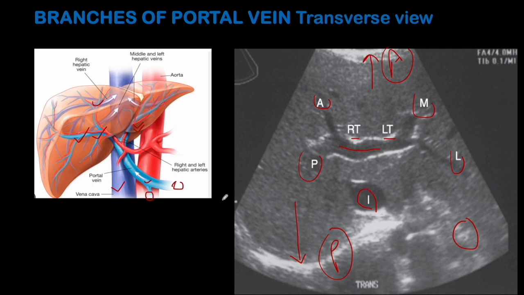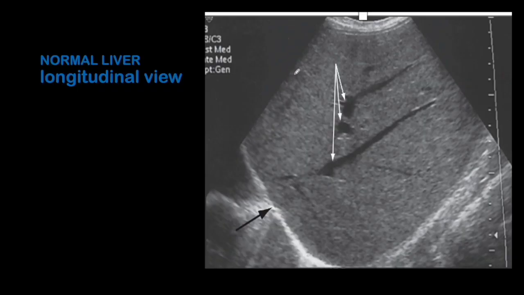So as IVC is located most posteriorly here in this diagram, this must be inferior vena cava, whereas this is portal vein. This homogeneous isoechoic structure is liver, and this hyperechoic rim on the right lateral aspect, this entire structure is diaphragm, and these are the hepatic veins.